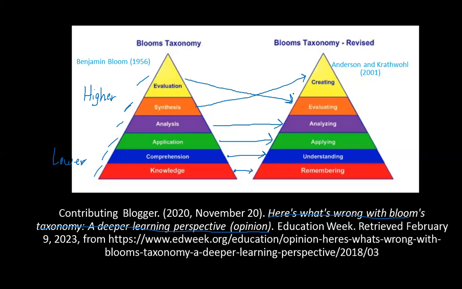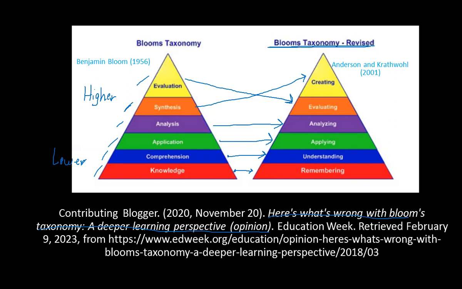So, bakit kaya ginawa to nina Anderson at Krathwohl? Kasi gusto nilang i-relate yung Bloom's taxonomy sa modern age. Meaning, in our present times, this is how we think. We remember, we understand, we apply, then we analyze, we evaluate, then we create new things or invent new ideas. So that's how we think in a modern age. Alright? So that means, ito na yung gagamitin natin, yung revised Bloom's taxonomy.